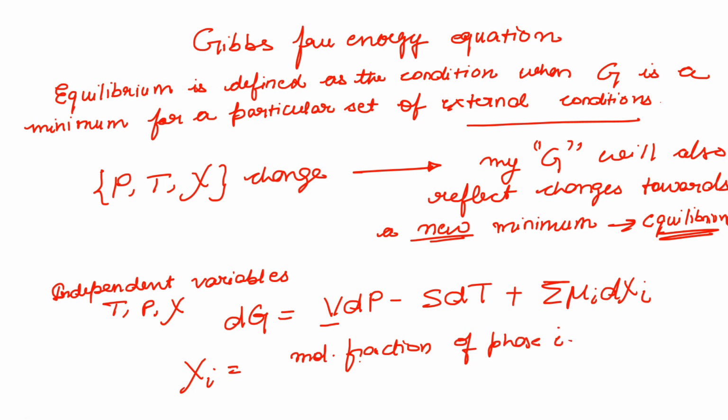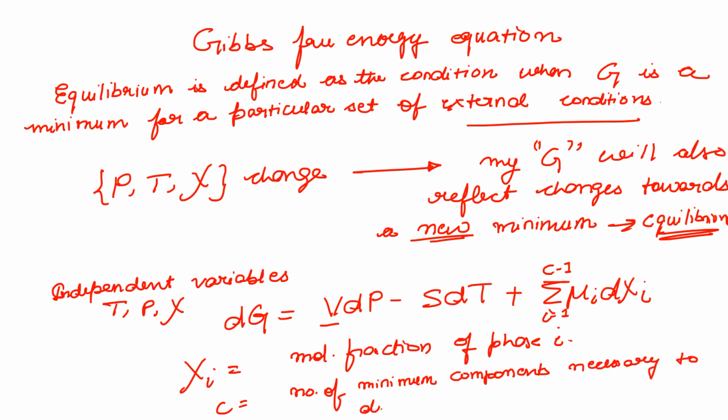The value of i here ranges from 1 to C minus 1, where C is the minimum number of components necessary to define the system.